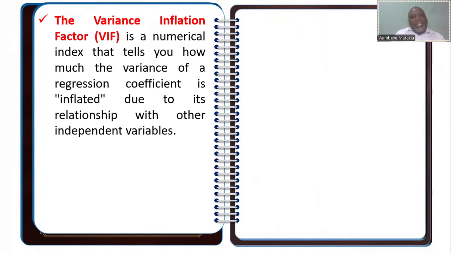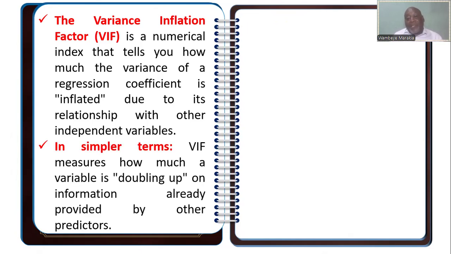This is a numerical index that will tell you how much the variance of a regression coefficient is inflated due to its relationship with another independent variable. In simple terms, the variance inflation factor measures how much a variable is doubling up on information already provided by the other predictors.